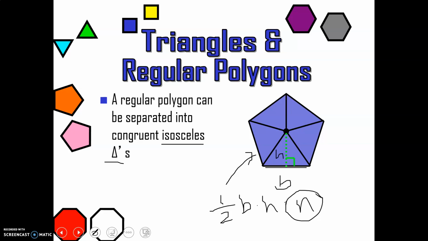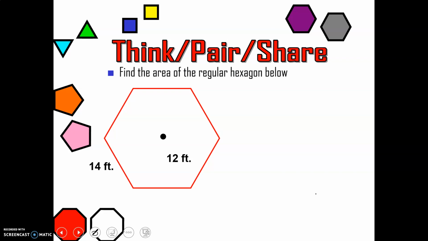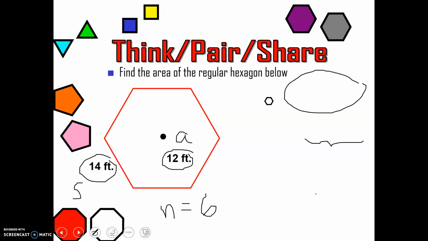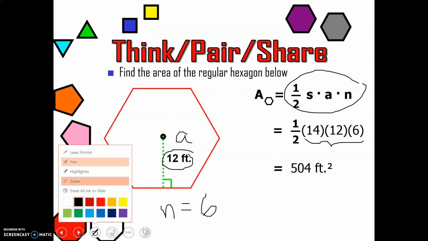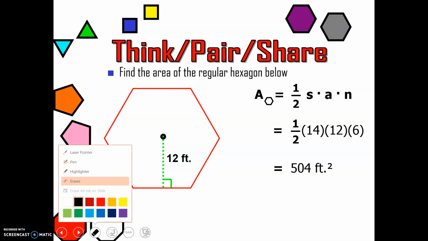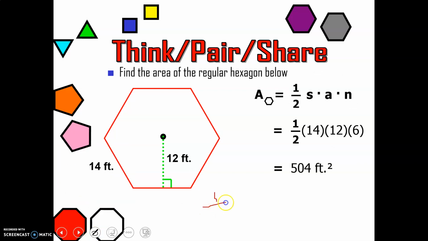So to give you a specific example, let's go back to this one here. Let's say we treated this problem as 6 different triangles. So I can say I want 1/2, and I know all of these triangles have a base of 14. 1/2 times 14 times 12.